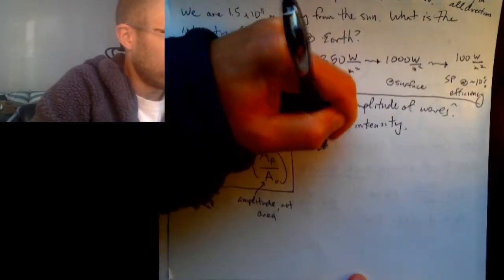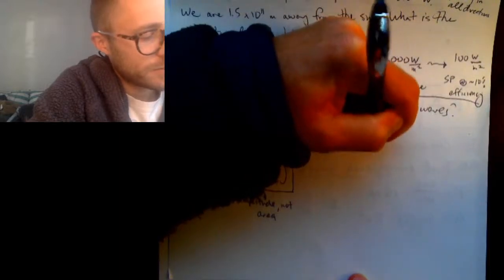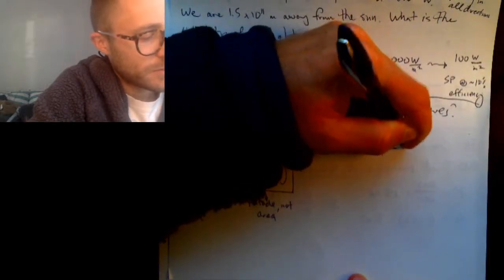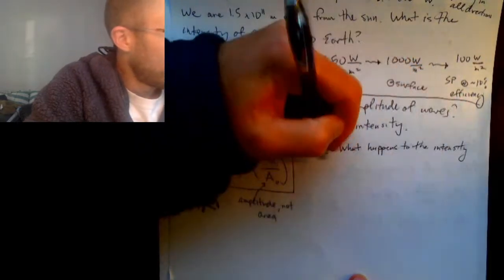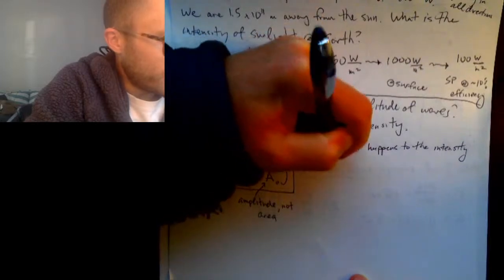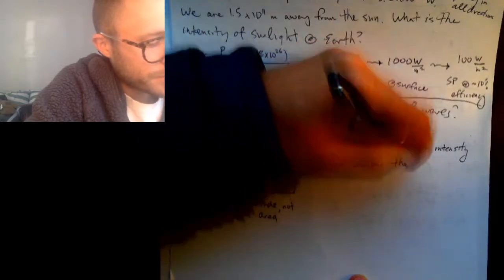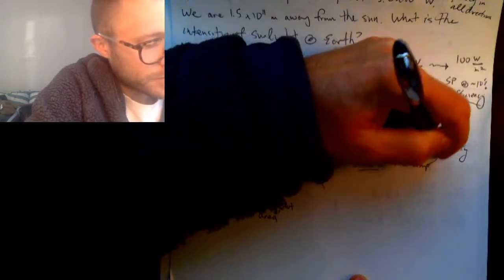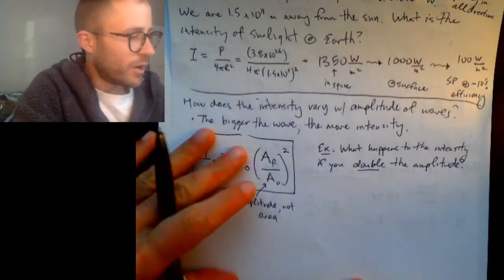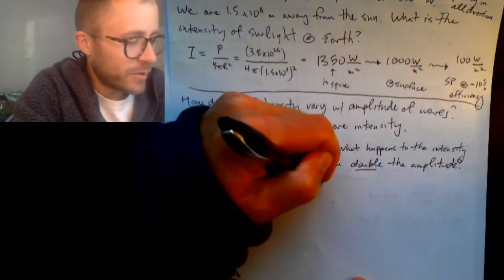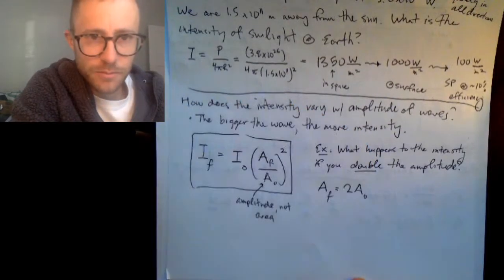So let's do an example. What happens to the intensity if you double the amplitude? So if you were to double the amplitude, then that means that the final amplitude is twice the initial amplitude.